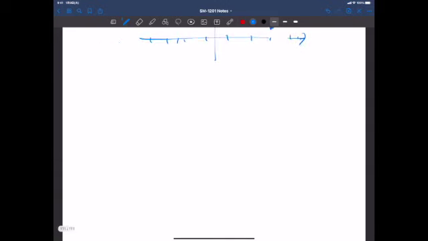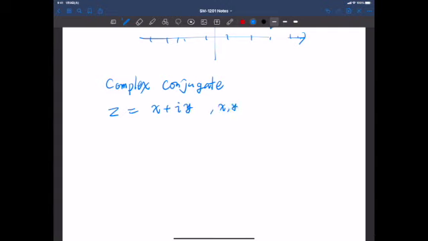Next, we define complex conjugates. Let's say we have a complex number z, which is x plus iy, where x and y are real numbers.